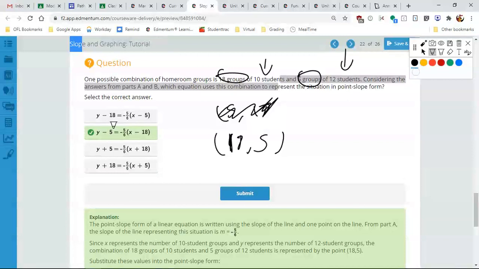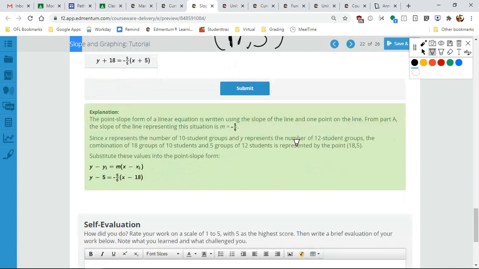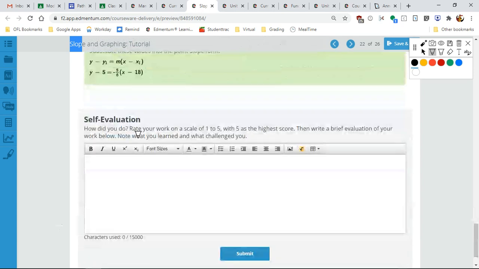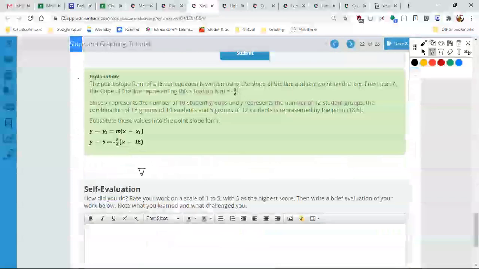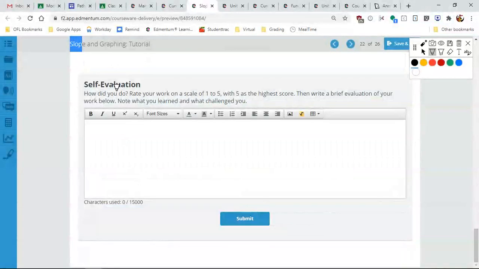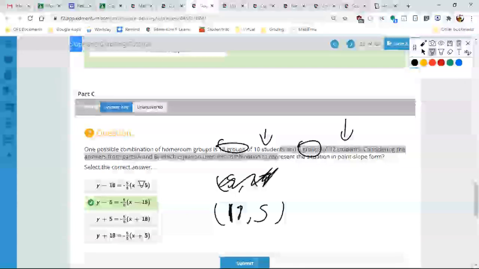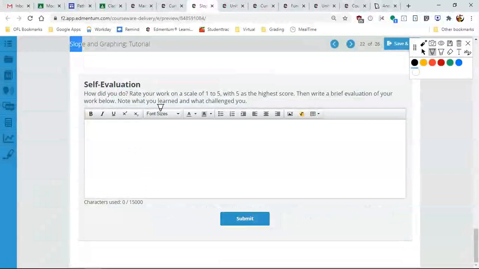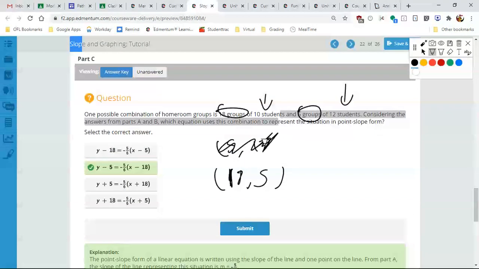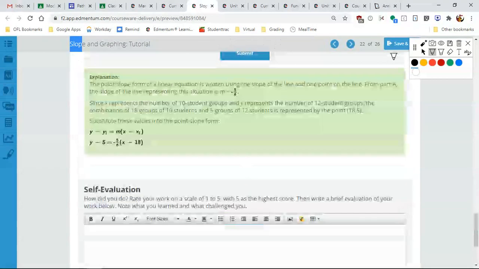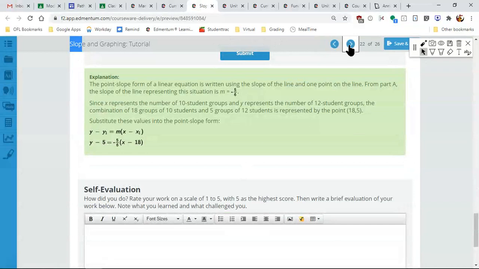So that's why this is the only possible one. I was like, none of these are right, but our point is 18 and 5. And then you just plug in the slope. When you do your evaluation, you can write what you do. I would probably give myself like a 4 and say, I didn't read it, so too many numbers. That confused me.